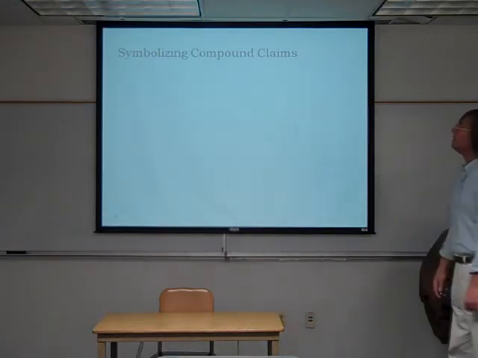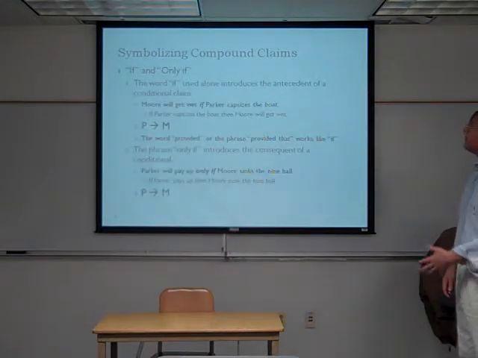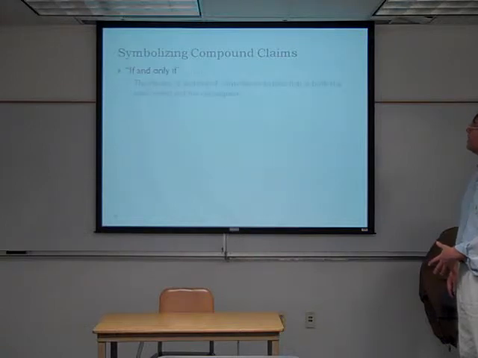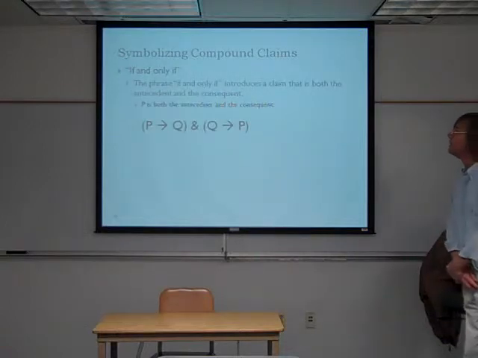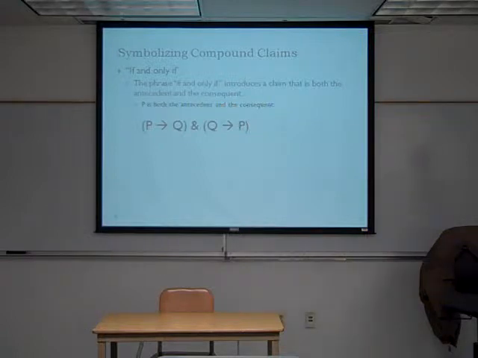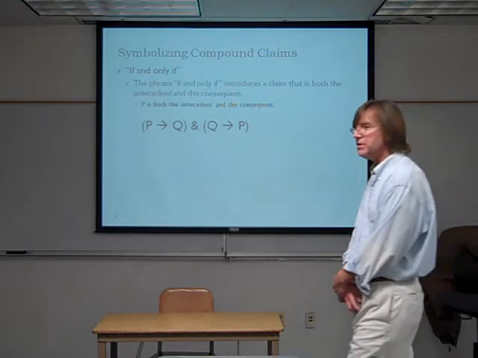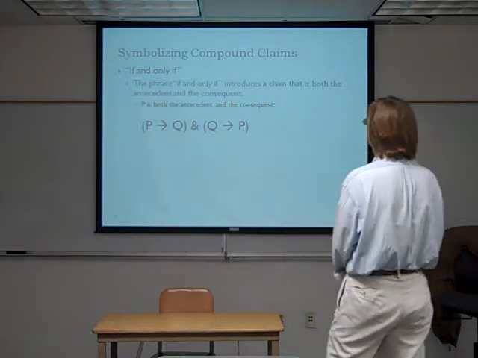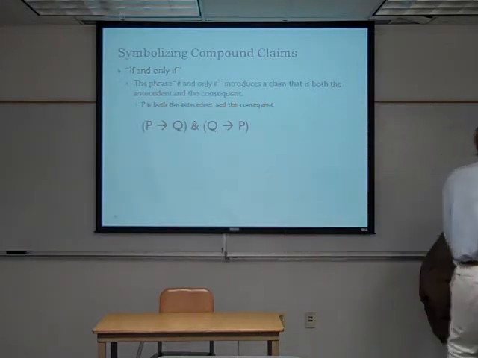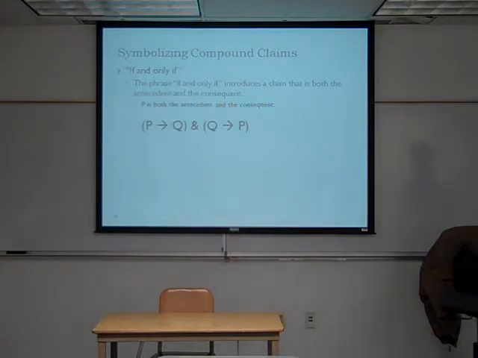Now, we talked about "if" and "only if." Well, how about if you use them together? The phrase "if and only if." What if this introduces a claim? You've heard this in logic. They'll often use this phrase, "if and only if." That phrase is going to be used to introduce a claim that is both the antecedent and the consequent.